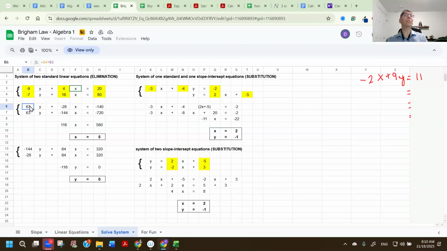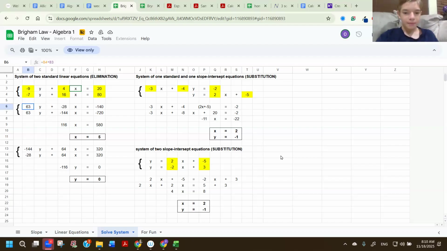So Brigham, did you use your spreadsheet to solve the problems? I used it for some of them, but the first one, the one that says system of two standard linear equations, the y, no matter what I put, it always said it equals 0.